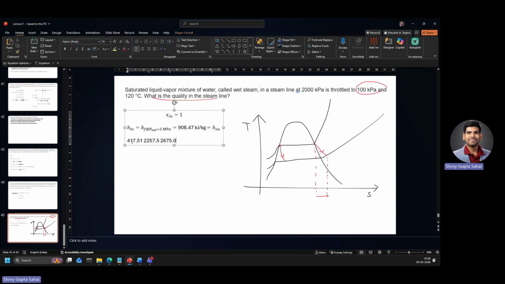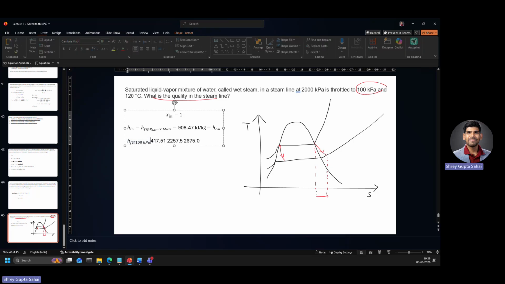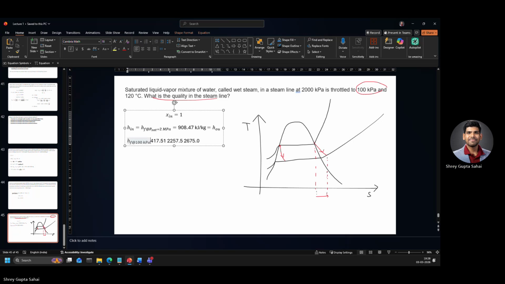What is given to you at this pressure is this, and HG is also known, or HFG, let me use HFG here.